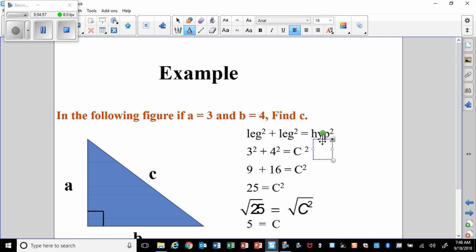So step 1: substitute values for A and B. Now step 2 is going to be to square those values.